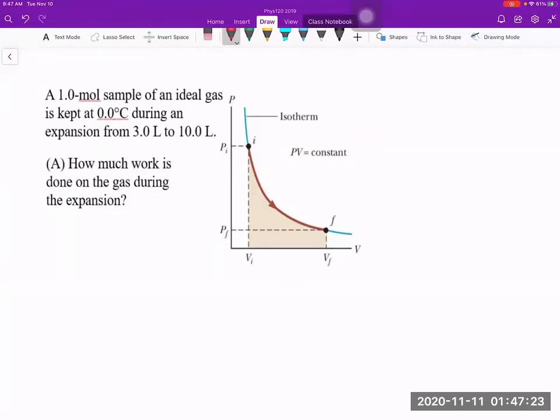Some of the things you have to be careful about when you do this kind of calculation is not only that you need to know what equation you should use, you also need to know about the units as well. Since we already told you in this situation what equation you should use, it is this equation.